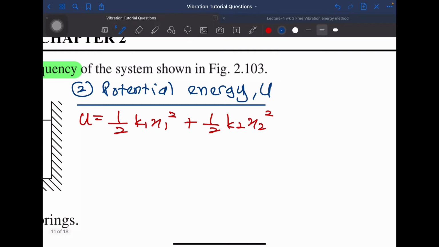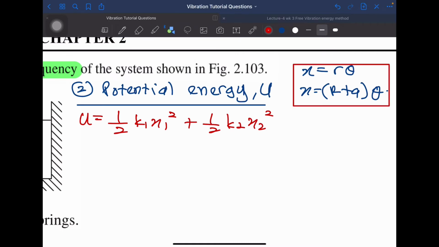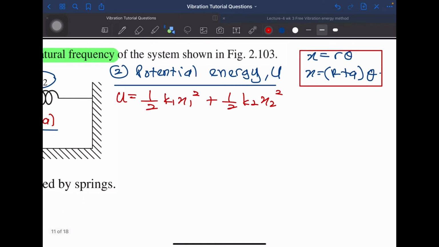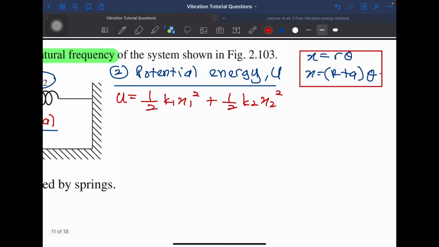So now we know that x equals r theta, and our r for the springs is r plus a, times theta. Now you can substitute all the values.